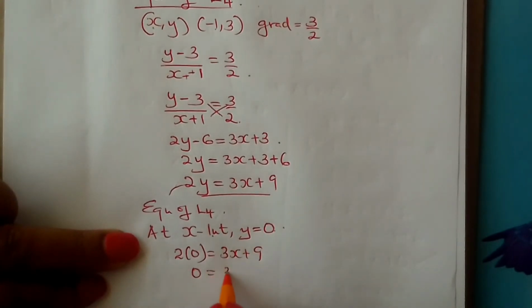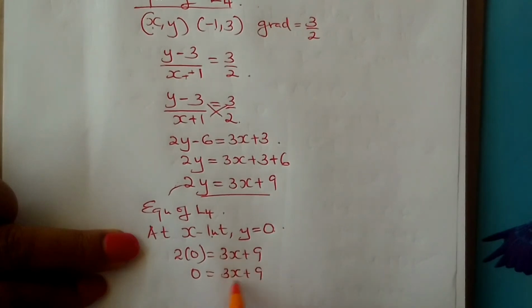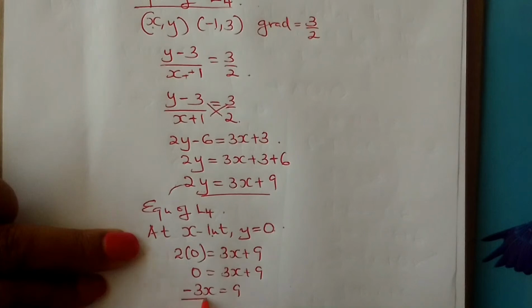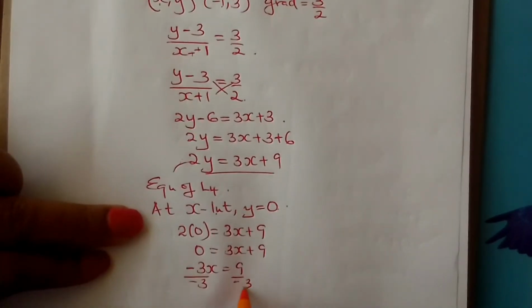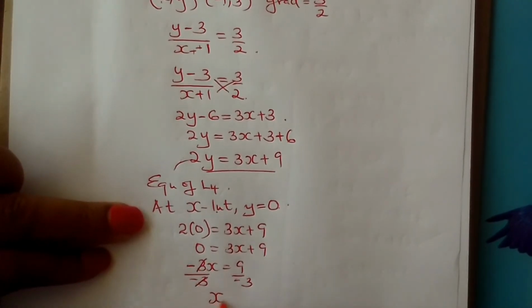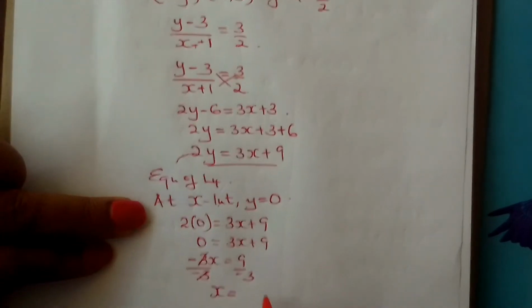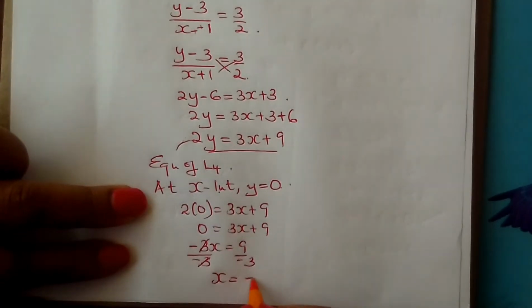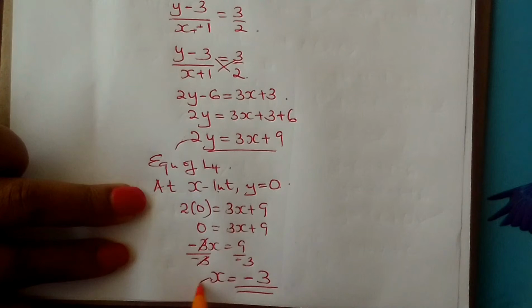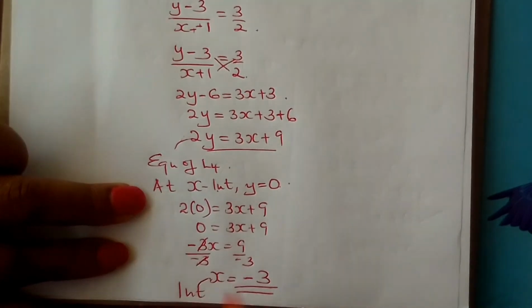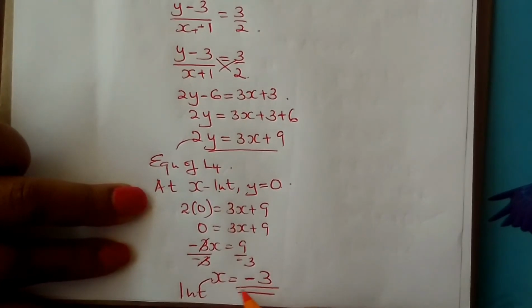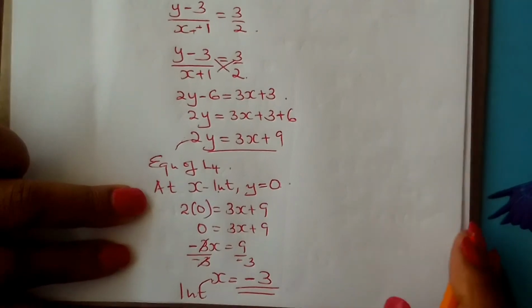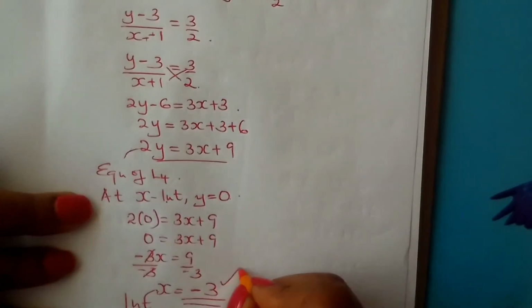So 0 is equal to 3x plus 9. Take this to this side, it becomes minus 3x is equal to 9. Divide by minus 3, divide by minus 3, learner. Your x is negative 3. And so, learner, this is the x-intercept. The value of x where the line cuts the x-axis is negative 3.